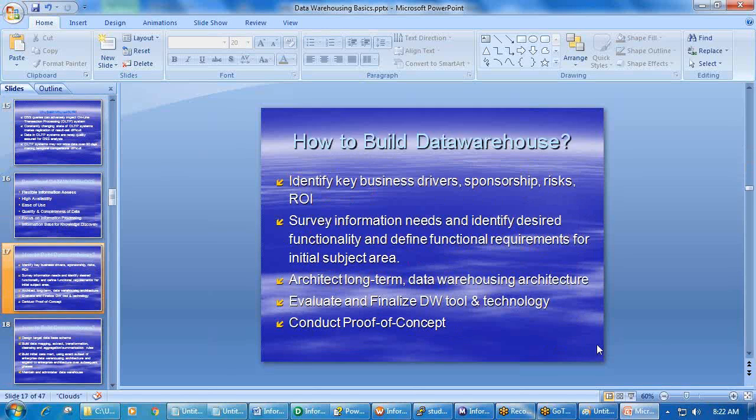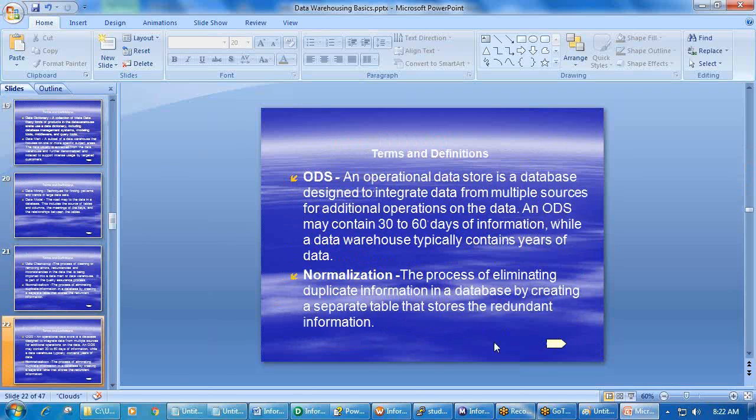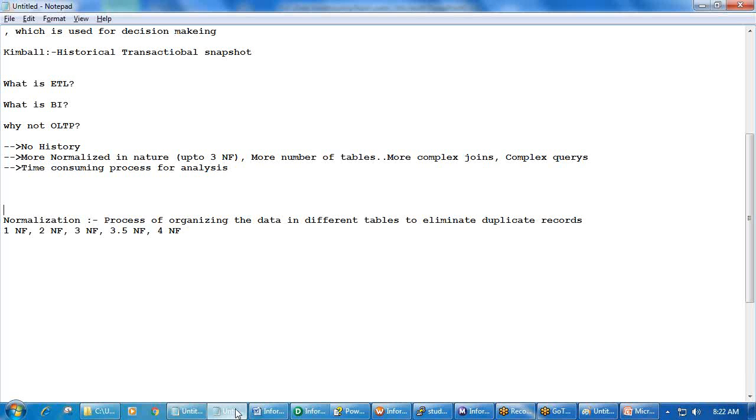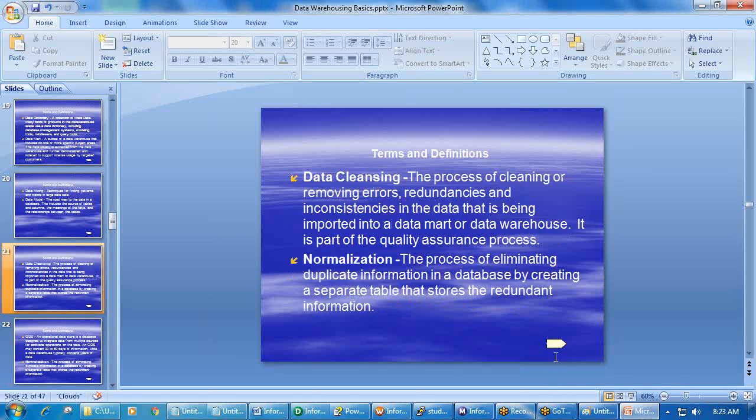Okay, so now let's move on to the next one, that is the architecture of the data warehouse. So how do we build the architecture when we do that? Basically, I said it is denormalized.